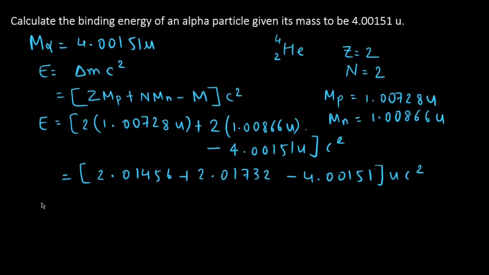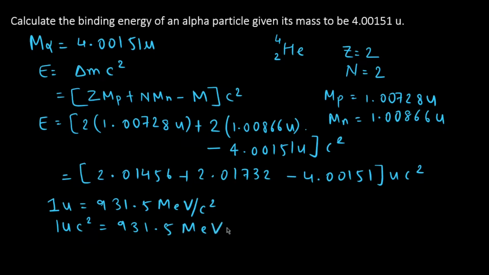Now one thing to note here is that 1 amu is equal to 931.5 mega electron volt by c square. So automatically 1 u into c square will be 931.5 mega electron volt.